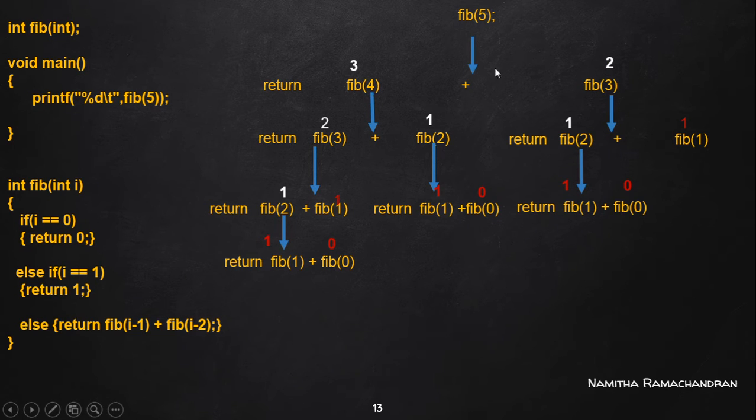Right? Then this 3 is added with this 2, and finally it returns value 5 to where? To the location from where it is called, that is inside this main function it returns value 5. Okay, so this is the case of this fib function's recursive calling with an actual value of 5.